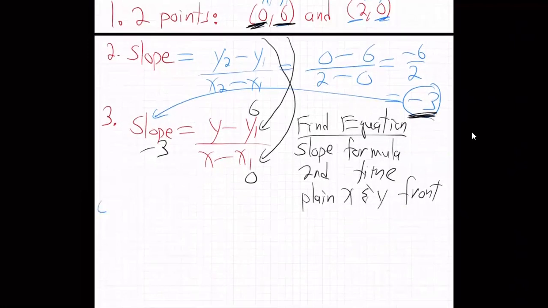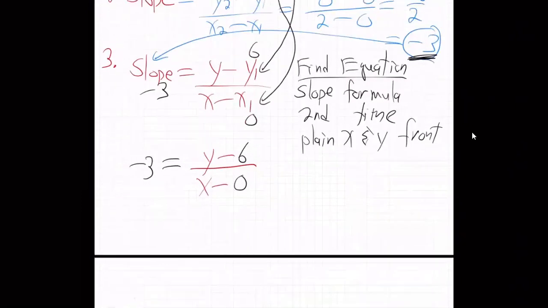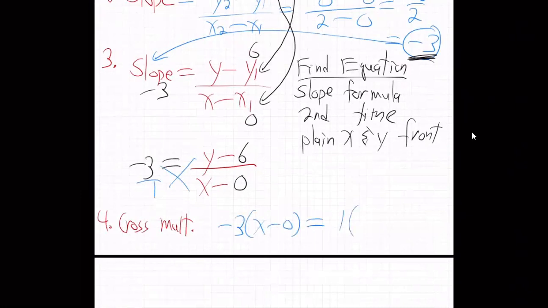And you know what step 4 is. You cross. Well, here, we're not ready for step 4, are we? Let me write that first. I'm kind of jumping the gun here. Minus 3 equals y minus 6 over x minus 0. Okay, now step 4: cross multiply. So put this over 1, diagonal, diagonal. We get minus 3 times x minus 0 is 1 times y minus 6.